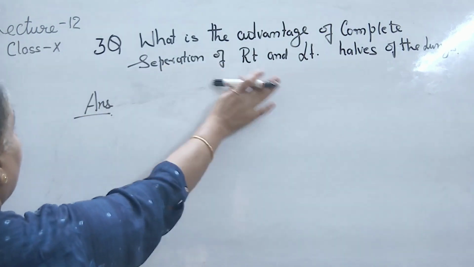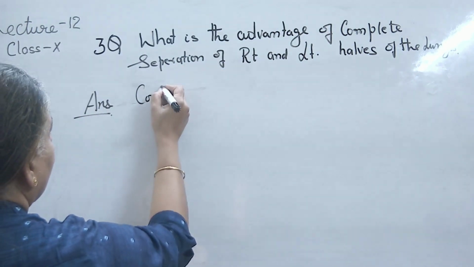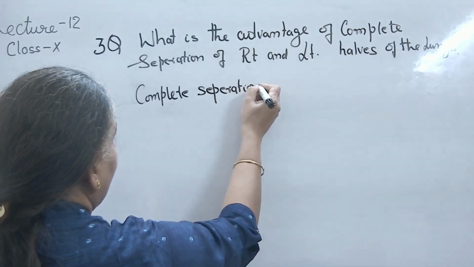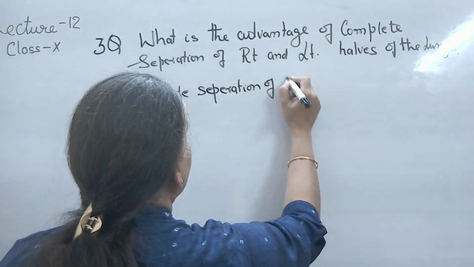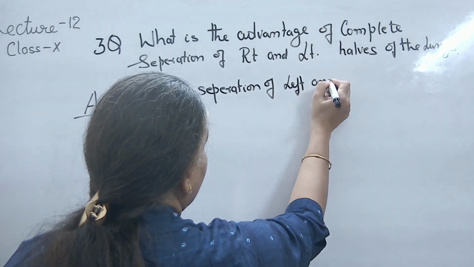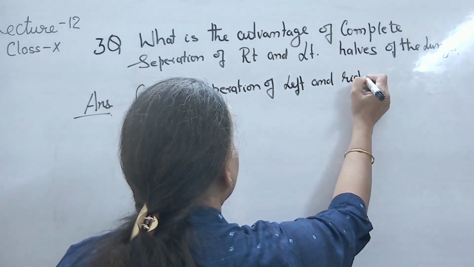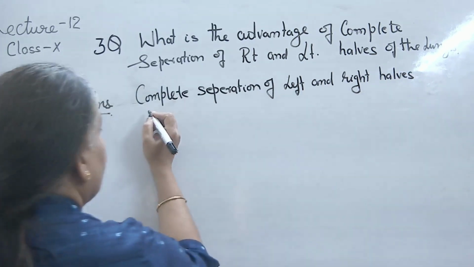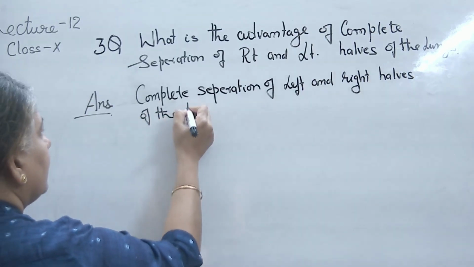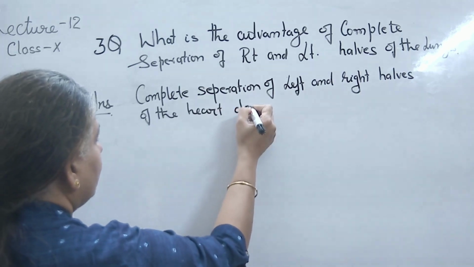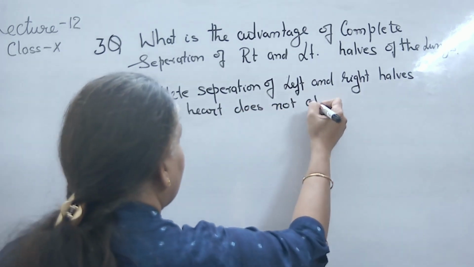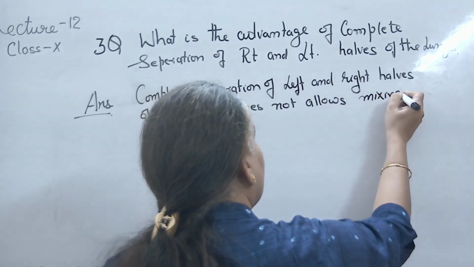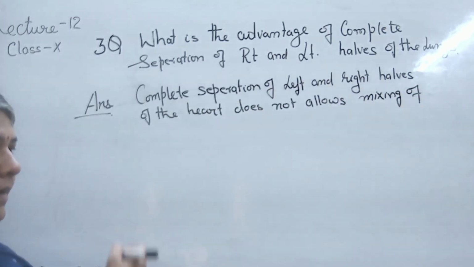See, complete separation of left and right halves of the heart does not allow mixing of oxygenated and deoxygenated blood.